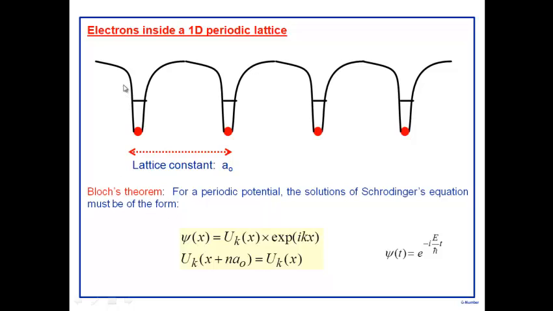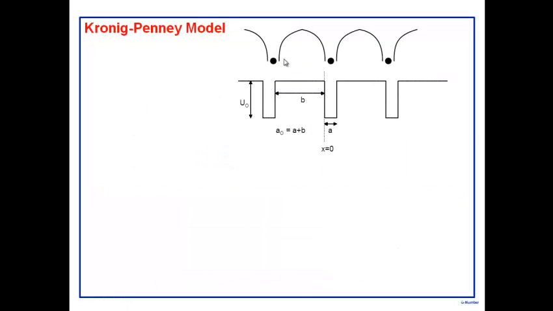But as I said, even if I take this 1D lattice with a Coulombic potential, it's difficult to solve this particular problem analytically. So the simplest problem that one can think of is approximated by a lattice like this. This Coulombic well is being approximated as a finite quantum well.